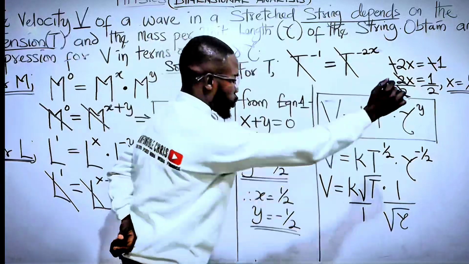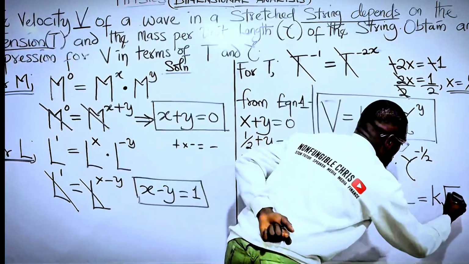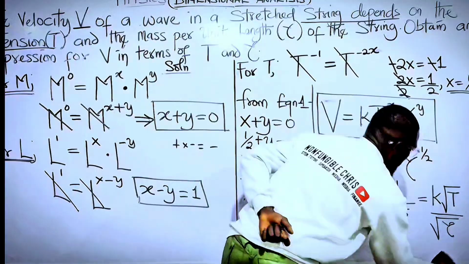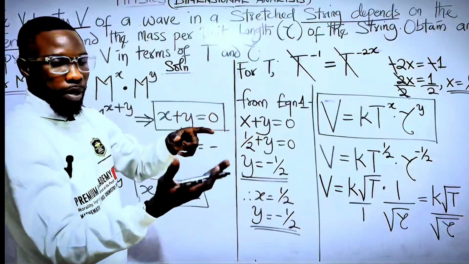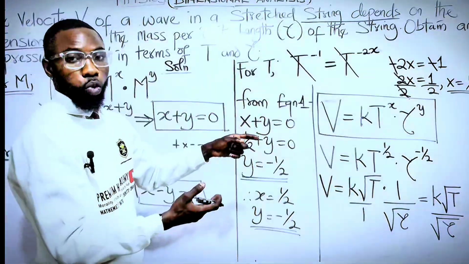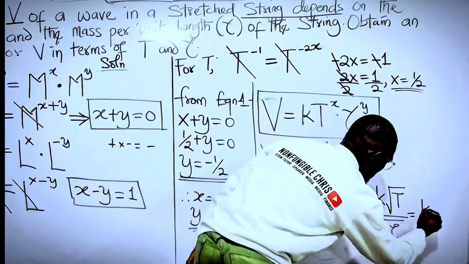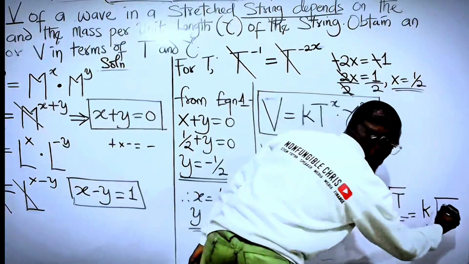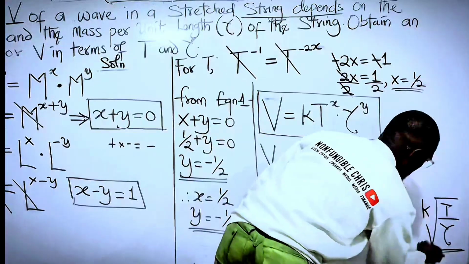If I multiply through, I'm going to have k root of t over root of gamma. And if I follow through from our knowledge of surds, the answer is going to be k square root of t over gamma. See how easy it is.